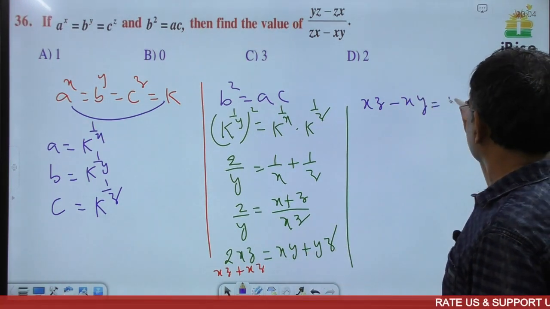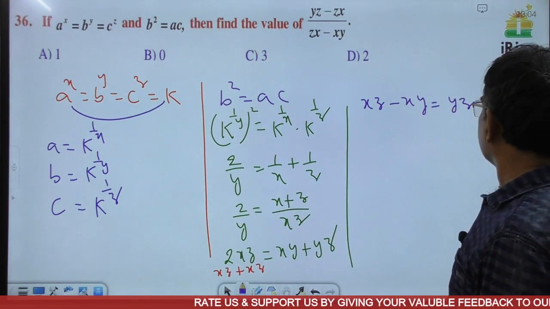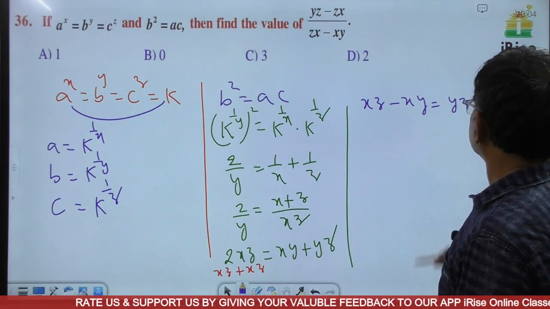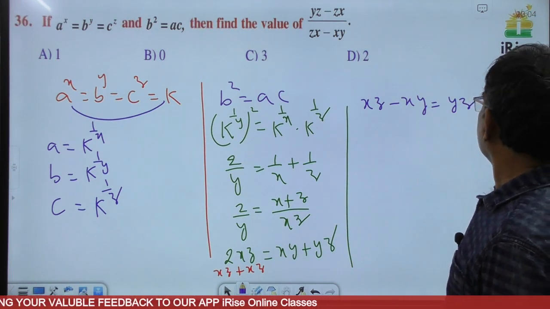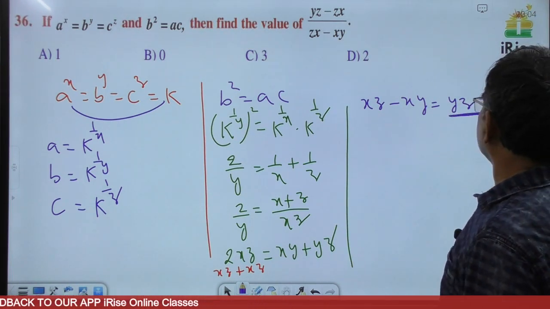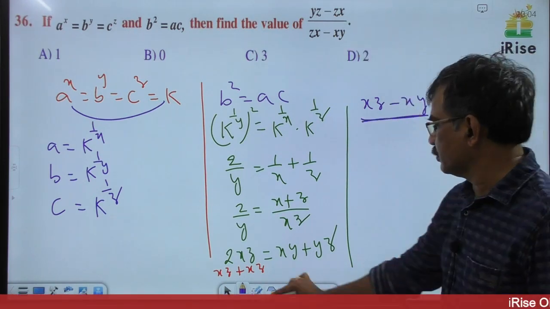Already yz is there on the right hand side, and this xz is transferred to the right side as minus xz. Okay, yz minus xz is the same as xz minus xy. These two are the same.